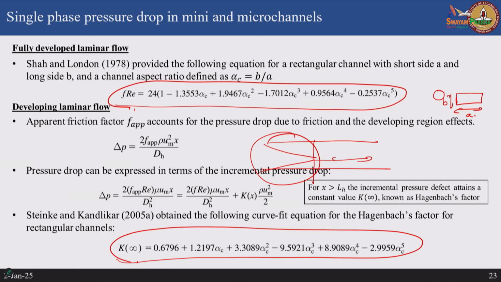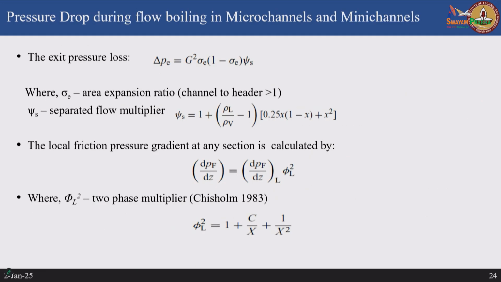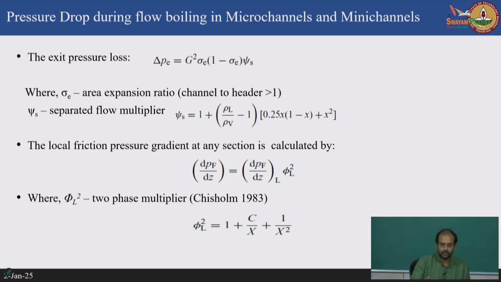Therefore, the overall pressure drop will be the developing length pressure drop plus the fully developed frictional pressure drop. Then the exit pressure loss is also given by an empirical model like this, which depends on the quality of vapor at the exit. The most important contribution is the two phase pressure drop, because once flow boiling happens, the contribution of the vapor and the liquid to the overall pressure drop is given by the two phase pressure drop.